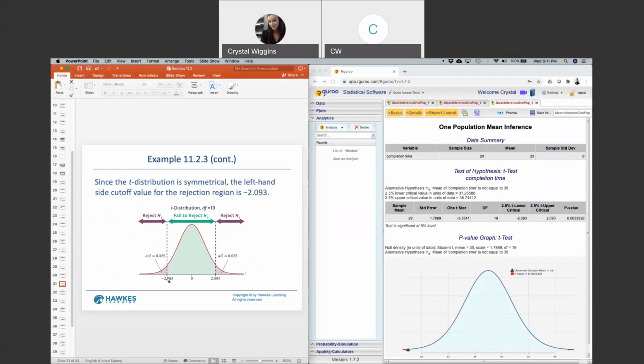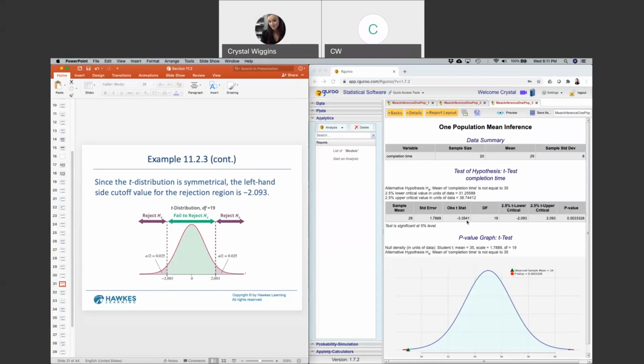If we see that the test statistic is a number smaller than negative 2.093 or bigger than positive 2.093, we will reject the null hypothesis. If the test statistic falls between these two values, we will fail to reject the null hypothesis.